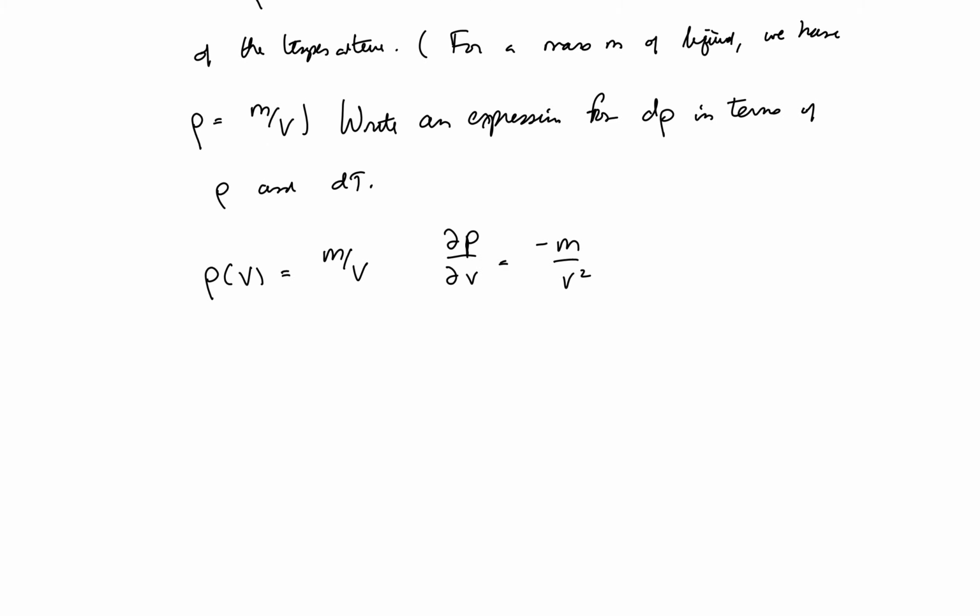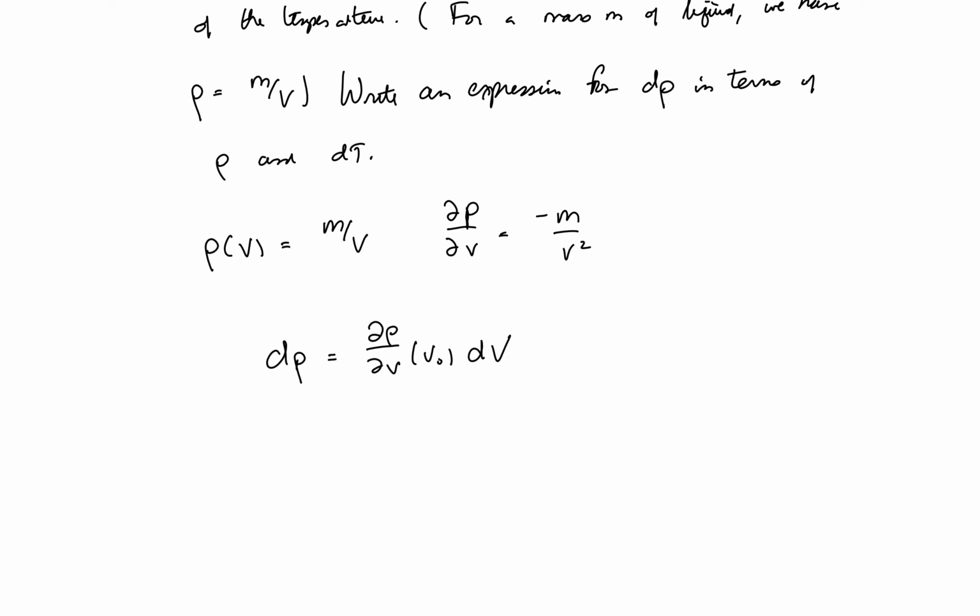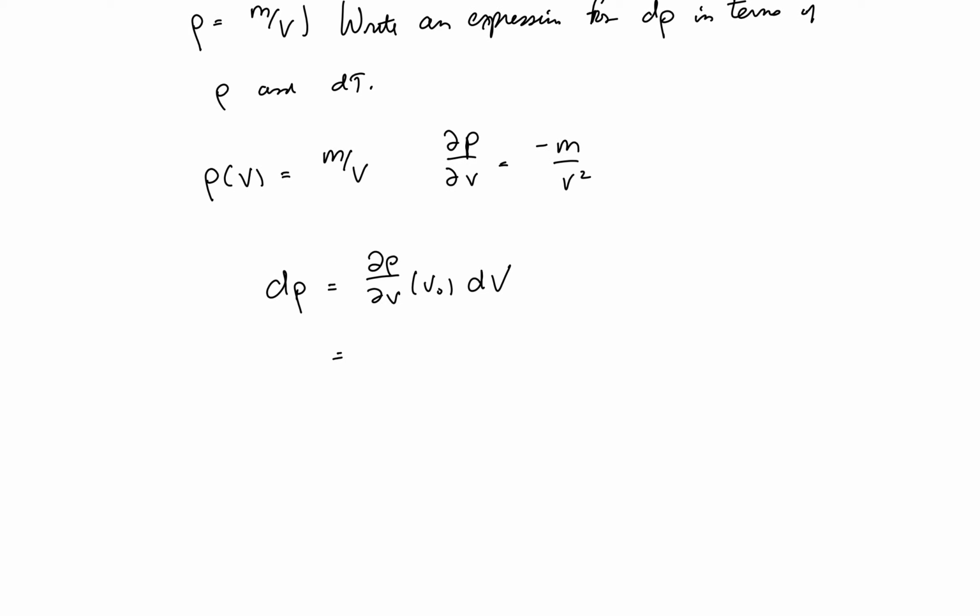So if we think about what d rho is in terms of our differentials, this is the derivative of rho with respect to V at V0 times dV. So this is just a differential from a one variable case. But now we want to use what we have above. So first let's fill this in with what our d rho is. This is minus m over V0 squared dV.